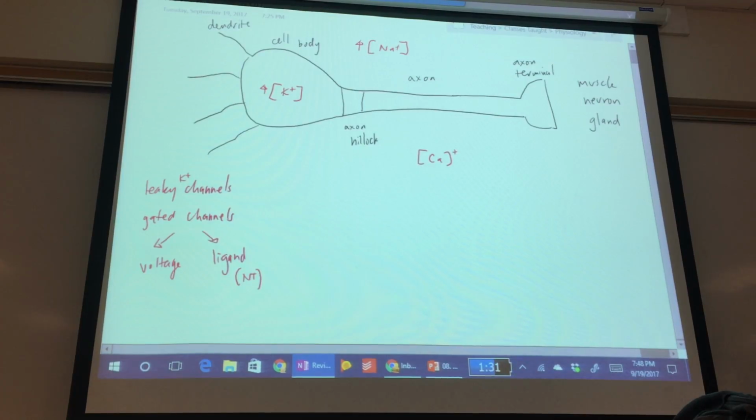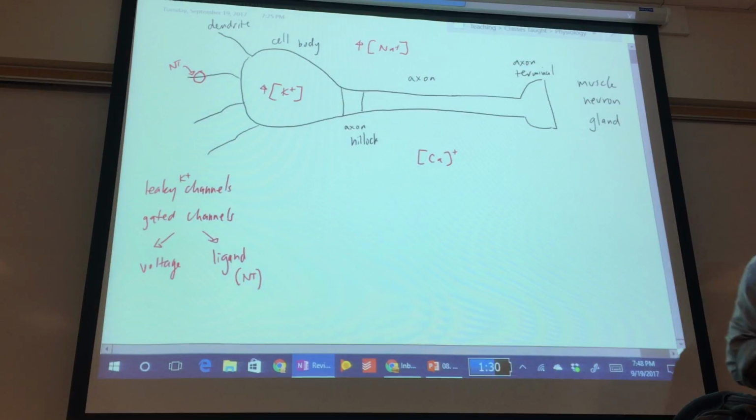Meaning that the neurotransmitter needs to bind to a ligand-gated channel on here. And once that neurotransmitter binds on, here I'll just draw it out for you. Neurotransmitter binds onto a channel, it's going to open it up. And depending on what neurotransmitter binds in, remember we talked about a couple of our neurotransmitters.